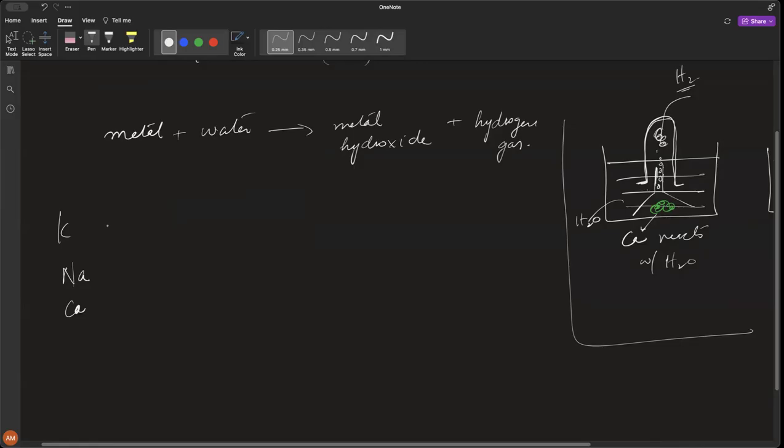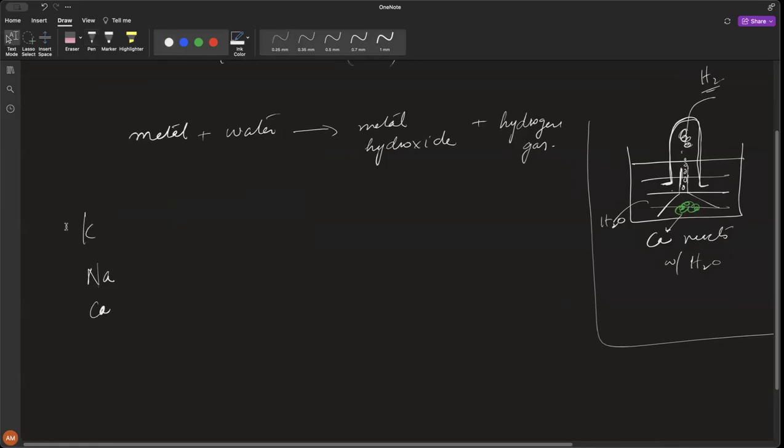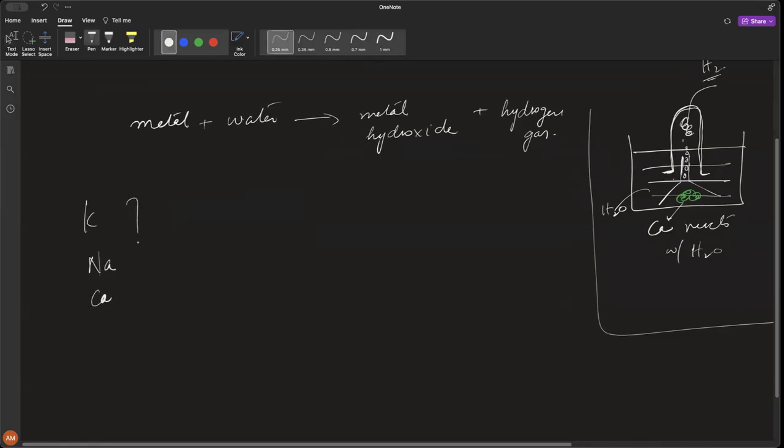This set, they react with cold water, which is water at room temperature, in which the first two react explosively, and calcium reacts violently, or readily.